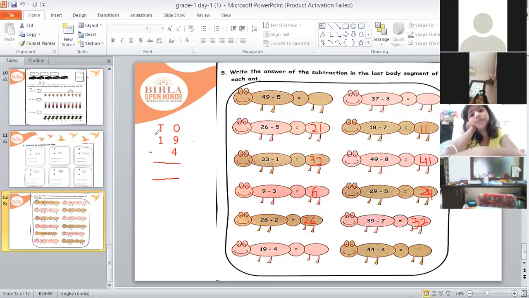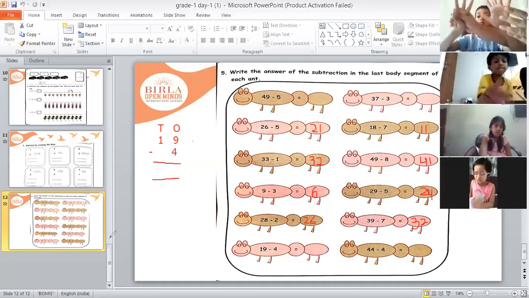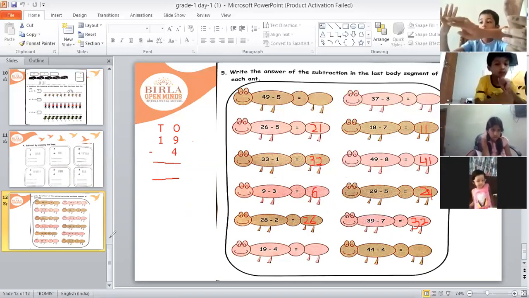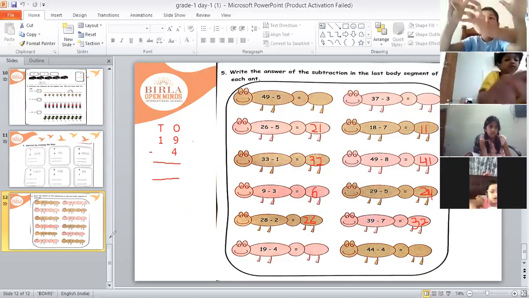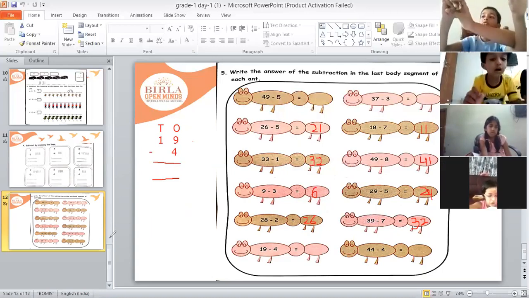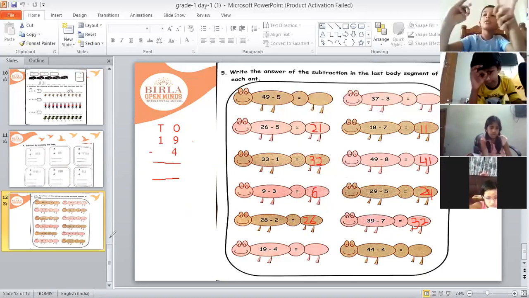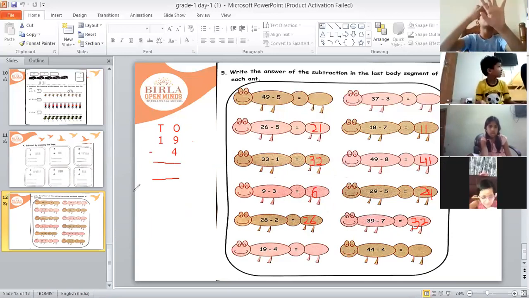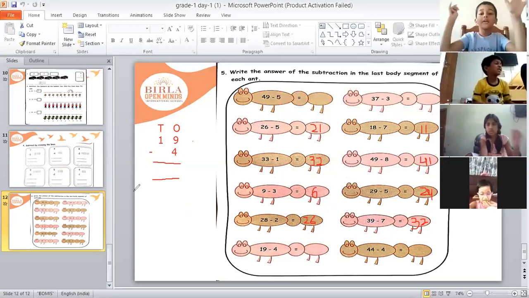So how many fingers we'll take out? 9 fingers. Very good. And out of those 9 fingers, how many fingers we will remove? 4. Very good. So now remove 4 fingers and tell me how many fingers are left now? 1, 2, 3, 4. Count here. 5.